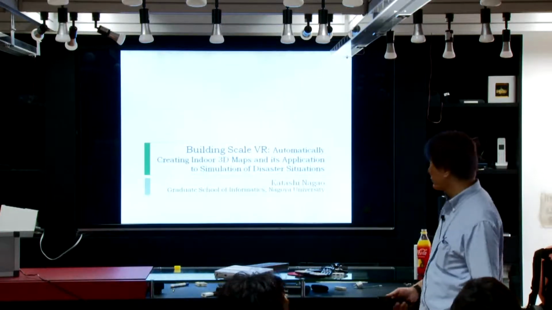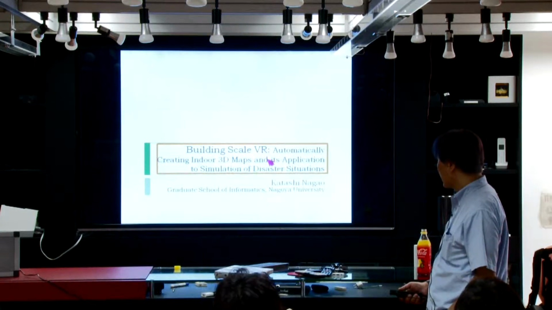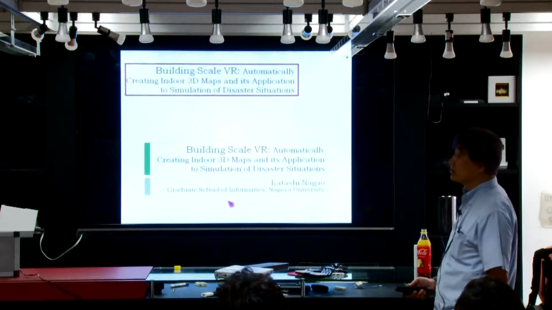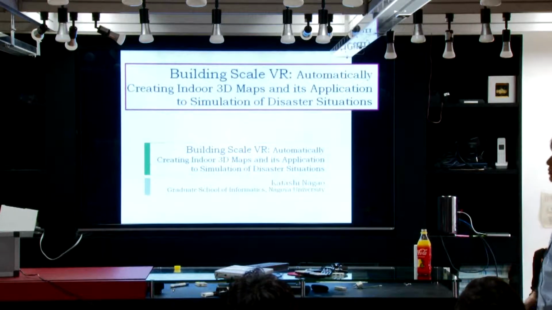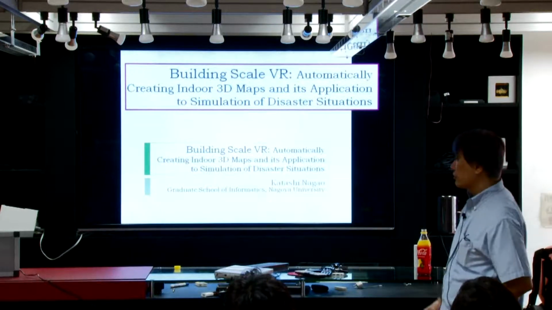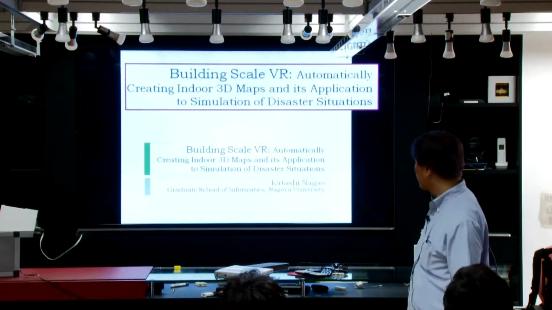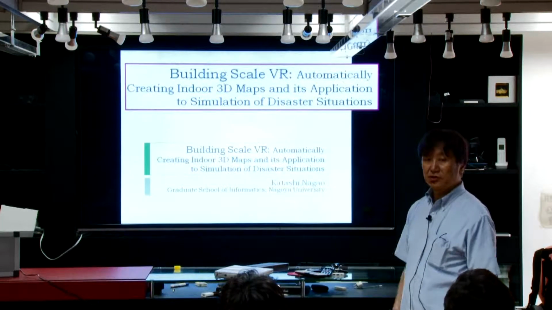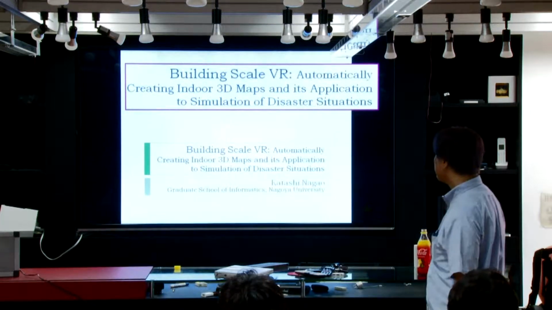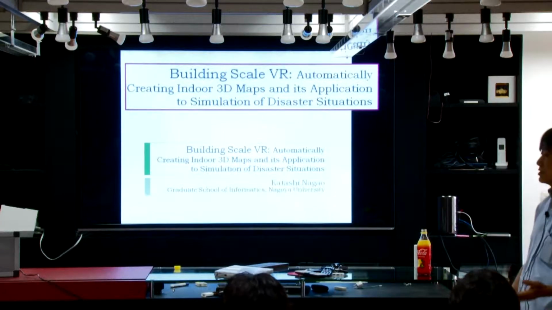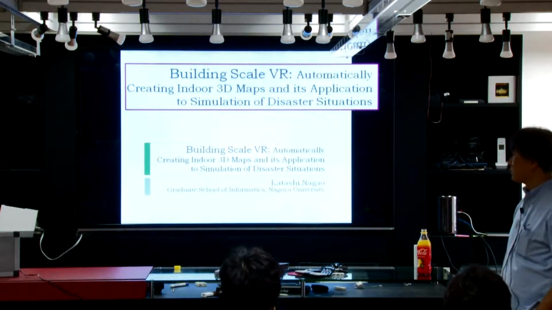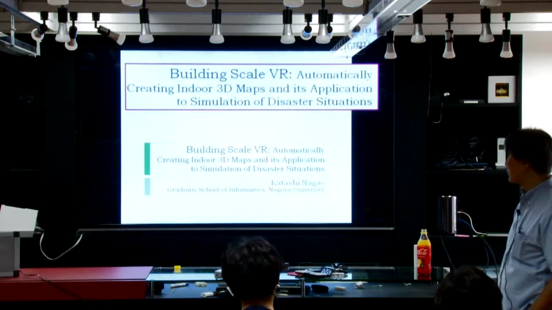Today, I'd like to talk about a kind of virtual reality system. We call it building scale VR. That consists of the automatically created three-dimensional map of real buildings, and its application to simulation of disaster situations.